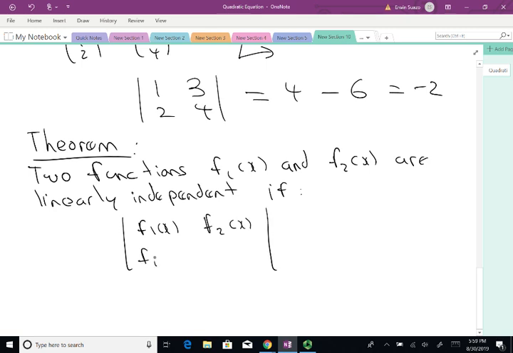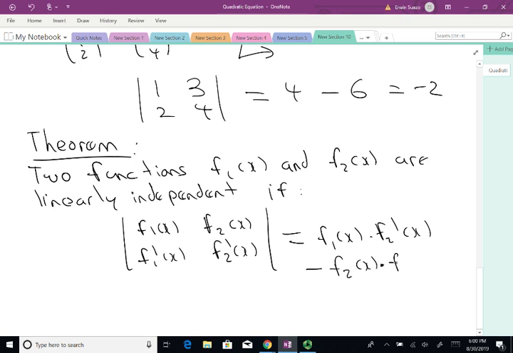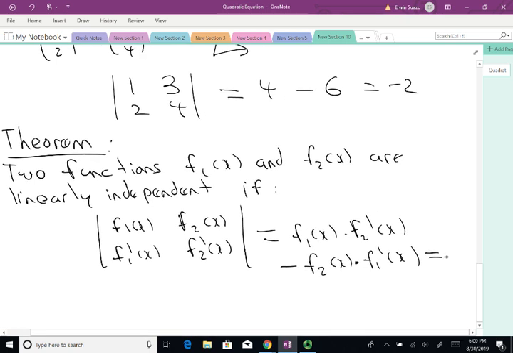Then you take the derivatives. And then you find the determinant. So this is f1 of x times f2 prime of x minus f2 of x times f1 prime of x. If this is different from 0 for x on an interval AB, let's say, then the functions are linearly independent.